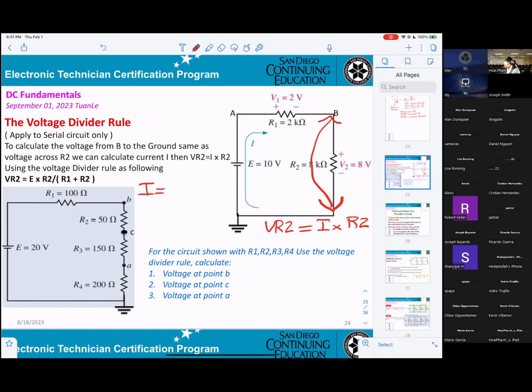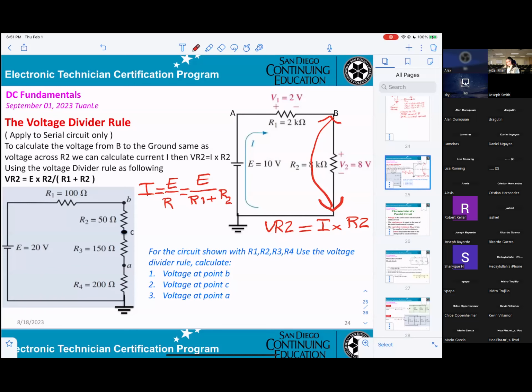The formula will be I equals E divided by R. In here, R will be R1 plus R2. That means you get I. Then you use VR2 equals I times R2. Then you can get VR2.